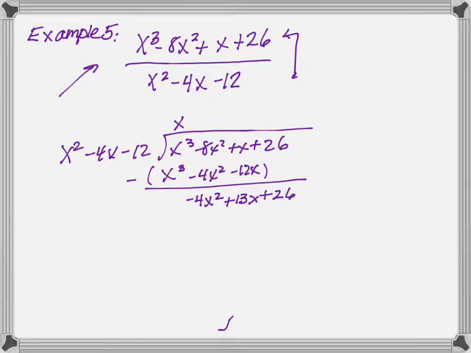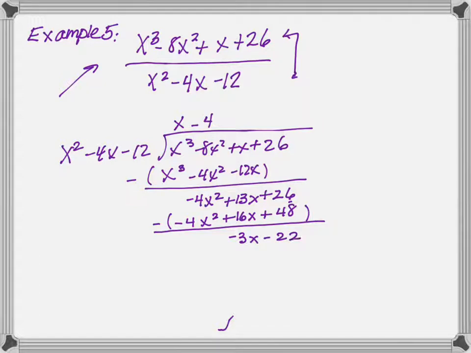And you can keep going and go one more, so this would be minus 4. So that would be negative 4x squared plus 16x plus 48. Subtracting this whole thing, you get 0x squared, and then you would get negative 3x, and then 26 minus 48 is minus 22.